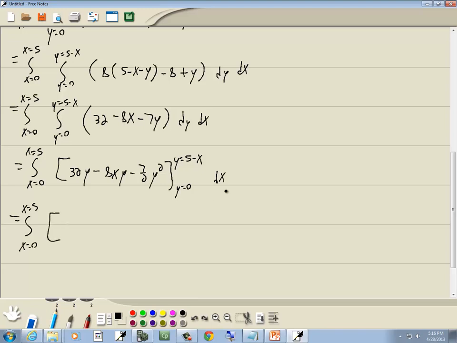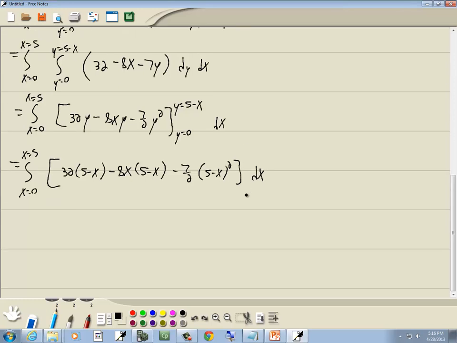And if I plug 0 in for y, it won't go anywhere. 32 times 0 is 0. 8x times 0 is 0. 0 squared is 0 times 7 halves is 0. So all I need to worry about is 5 minus x. So we got 32 times 5 minus x, minus 8x times 5 minus x, minus 7 halves times 5 minus x squared, dx. Okay.